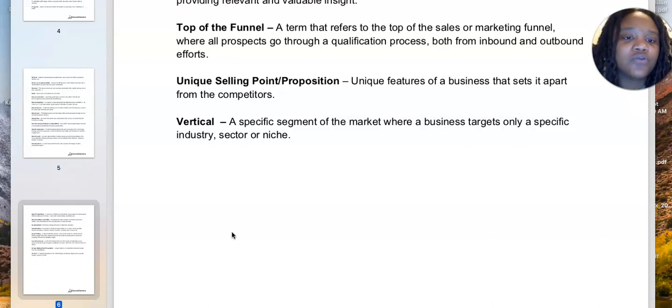Next, we have vertical, which is a specific segment of the market where a business targets only specific industries, sectors, or niches. So, for example, this is the last example I'm going to give. We do have website verticals, right? Because there are different types of websites out there.